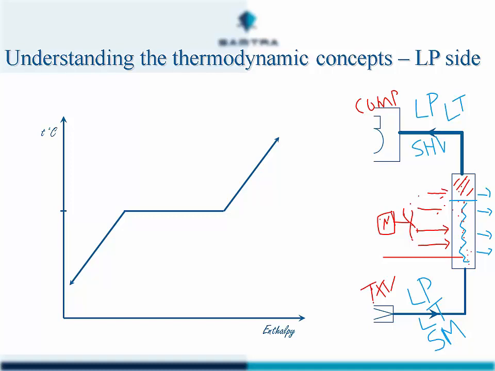Okay, so back to our temperature enthalpy chart for the low pressure side. So we will use our low pressure gauge connected to the low pressure side to get the low pressure. So our low pressure is going to be taken to a refrigerant table, whichever refrigerant's in the system, and that will then be used to obtain the saturation temperature for our refrigeration evaporator.